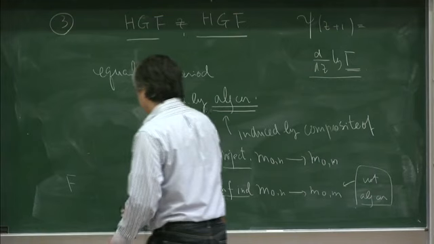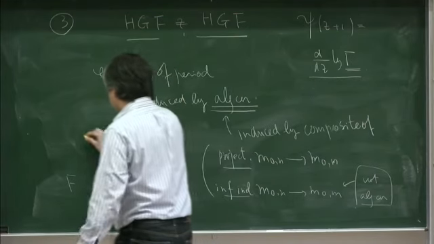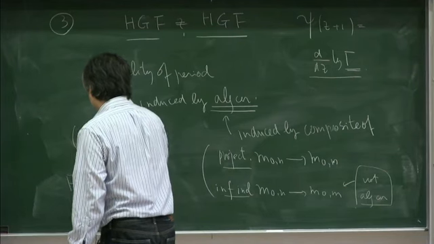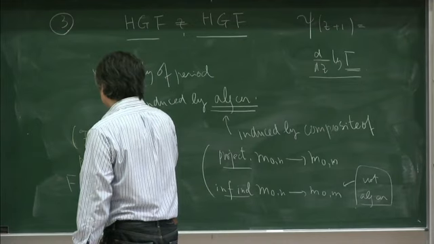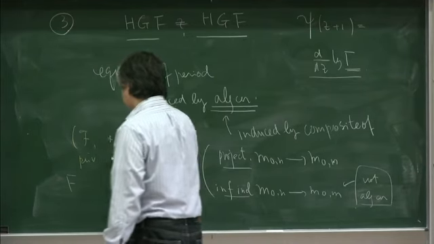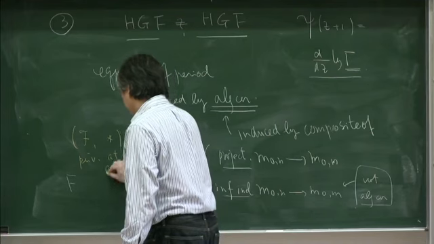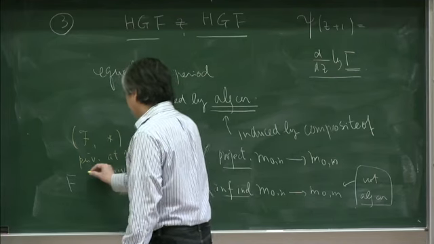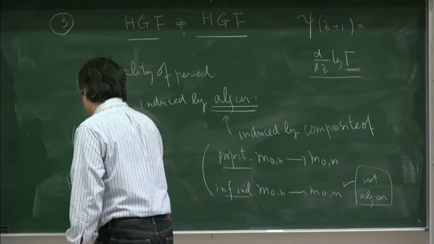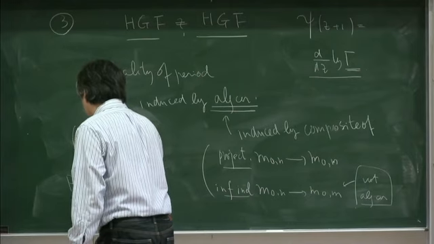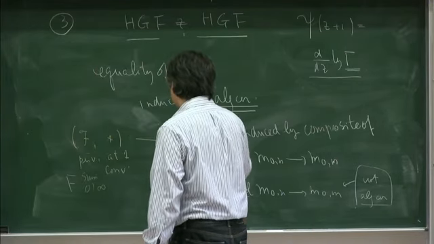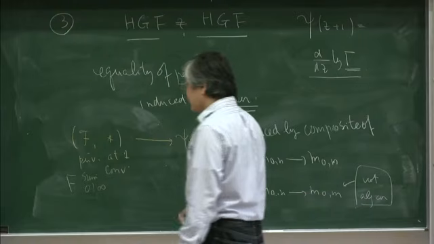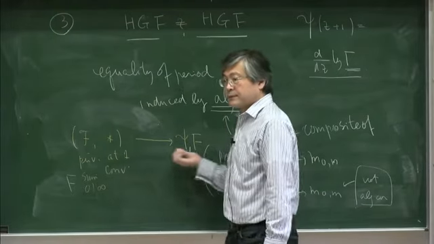Green gave a very funny category of perverse sheaves with a convolution product, and perverse sheaves which are smooth outside of 0, 1, infinity, and the fiber functor is the nearby cycle functor at f.